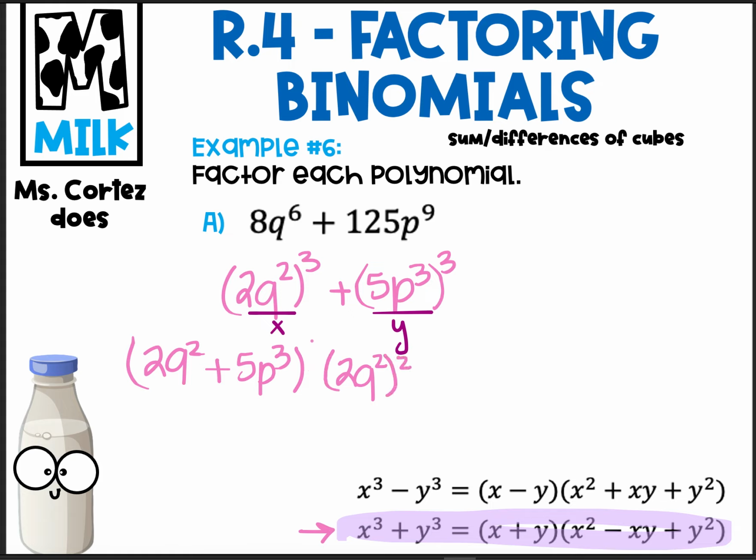I'm going to start using a bracket, but feel free to use parentheses. Minus 2q squared times 5p cubed, plus 5p cubed squared.